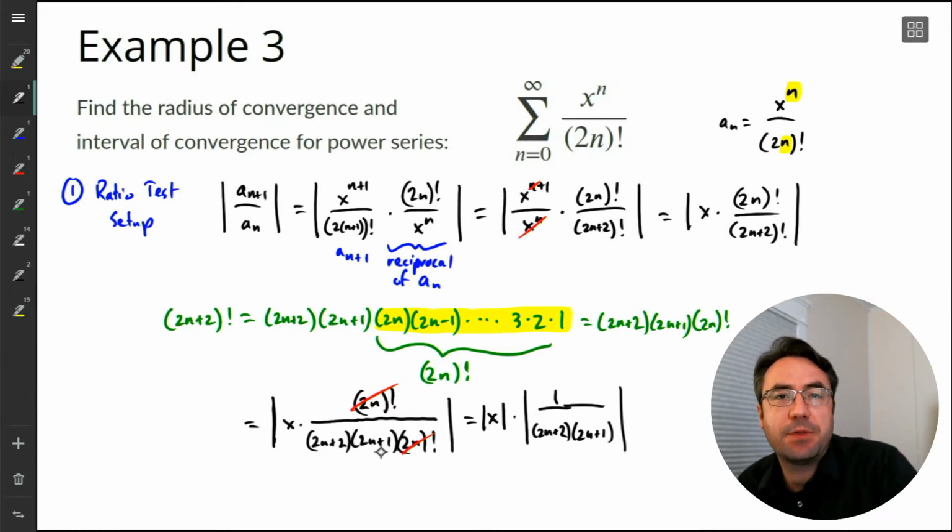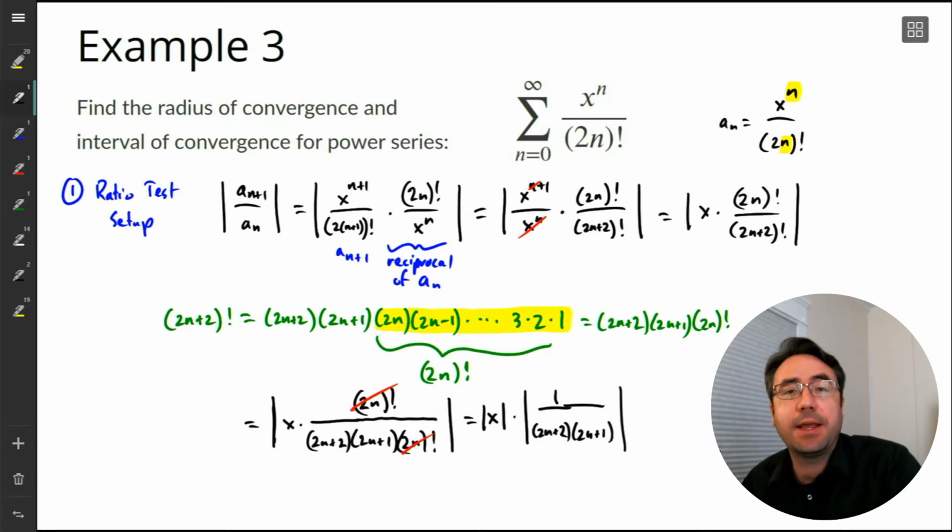So you can always do that with absolute value. You can split it up, break it up over multiplication and division. It doesn't split up over addition or subtraction very nicely. But over multiplication you can.